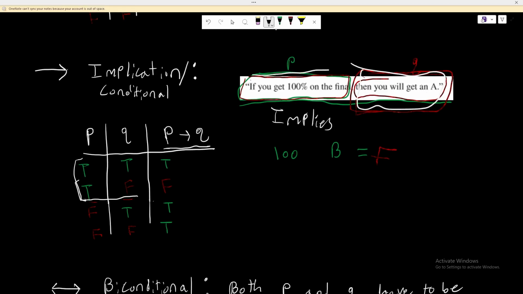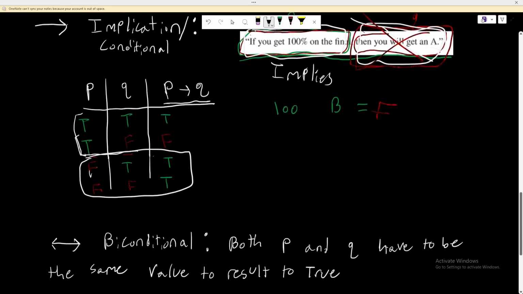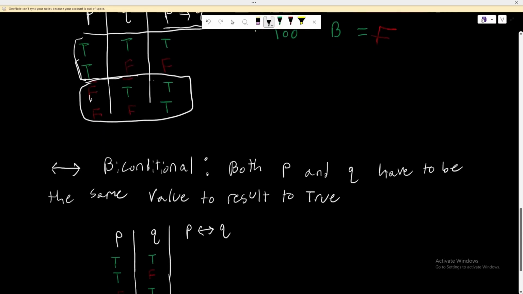And if the condition here is false, then this second part does not matter at all. You can just cross it out and it will be true either way. As we can see here, both of these results, where the condition is false, result true either way. So yeah, just try to look more into that if you're having trouble.